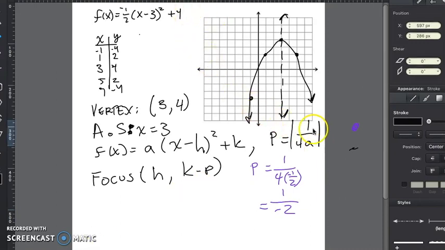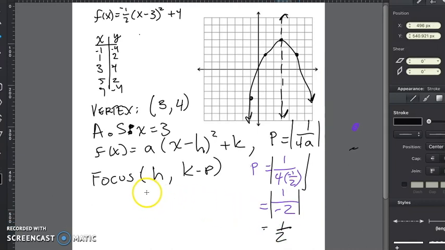Sorry, our other formula is going to be p is equal to the absolute value of 1 over 4a. So I'm going to take the absolute value of this. a again is negative 1/2. If you work this out, it's going to be negative 4 over 2, which is going to be negative 2, so 1/2 in absolute value.